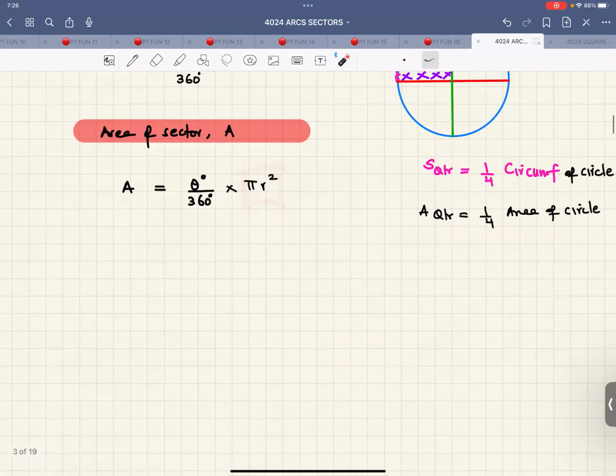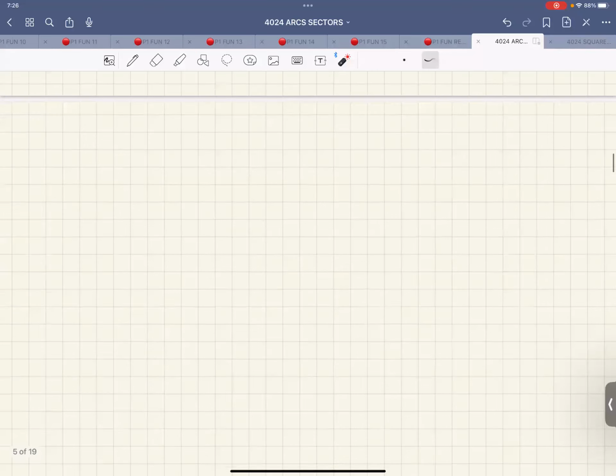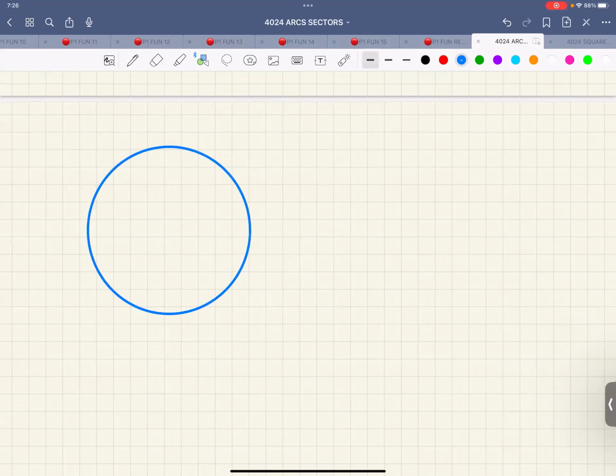Now, let me first do a basic question, and then I'll directly go to the past paper questions. Let me draw two lines, one line like this, and then this purple line over here.